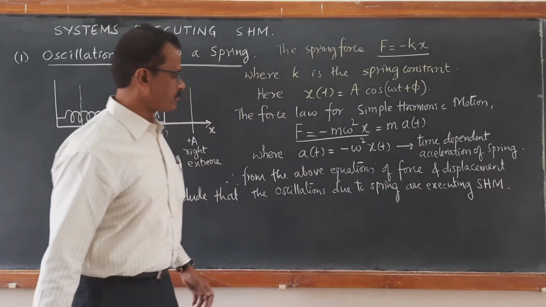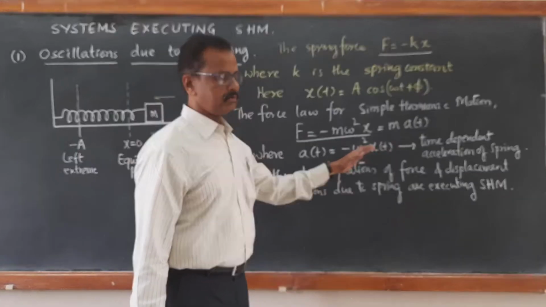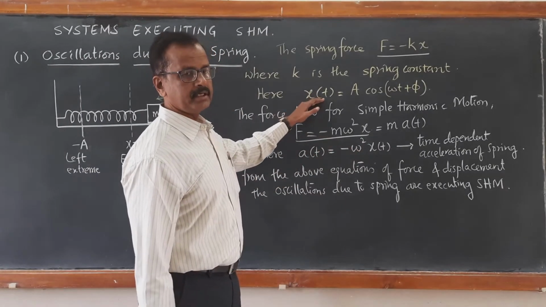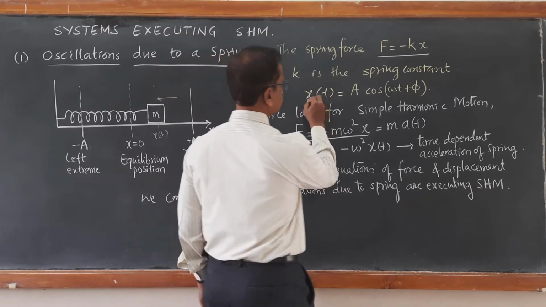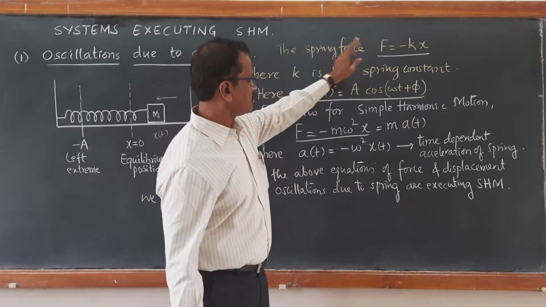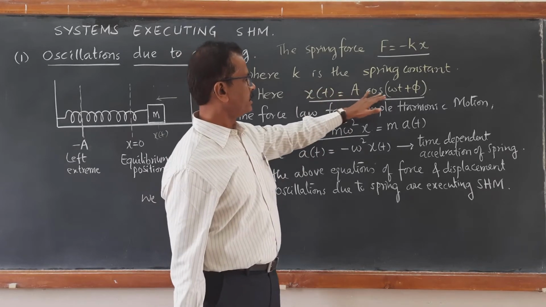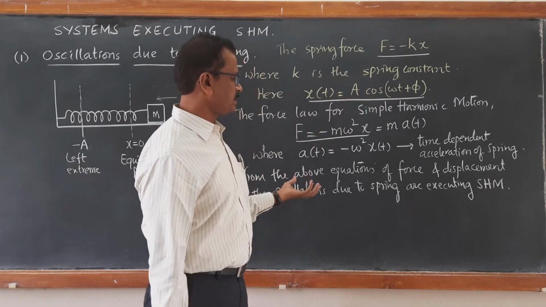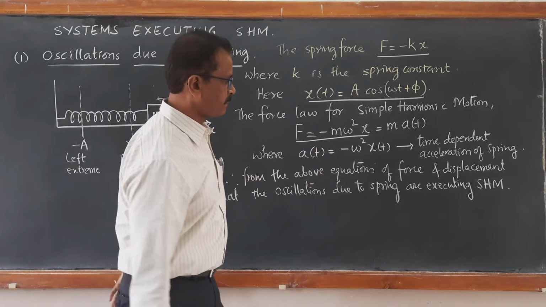SHM means simple harmonic motion. So you see, it follows the force law, and it also follows the equation for displacement of a SHM. From these two equations, F equal to kx or F equal to m omega square x, and x equal to A cos omega t, we definitely say that the spring oscillations are simple harmonic in nature.